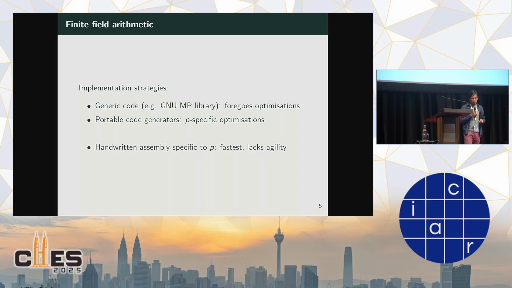There is something quite close to this, and it's actually the focus of this work, and that is code generators targeting a certain platform. In this way, we get close to the assembly part, and we get agility. They are clearly not the fastest compared to handwritten assembly, but we get, let's say, fast enough.